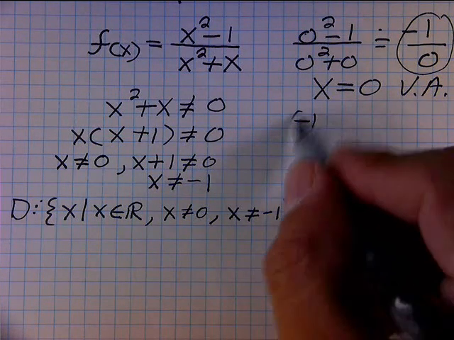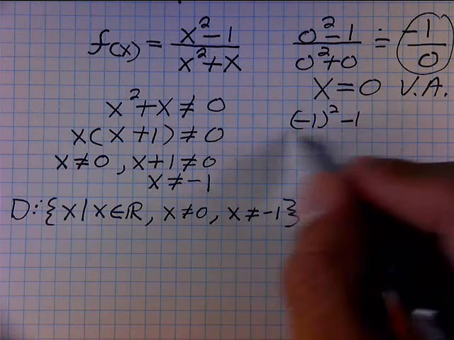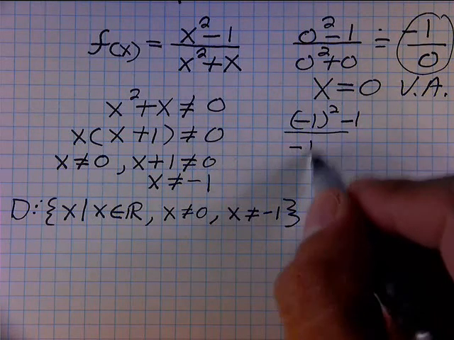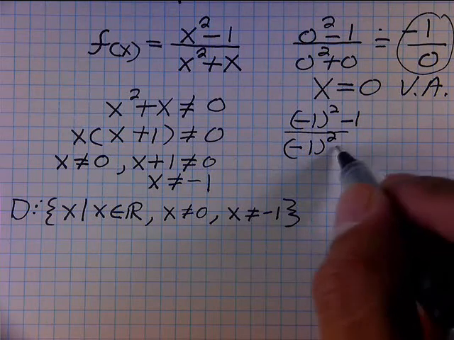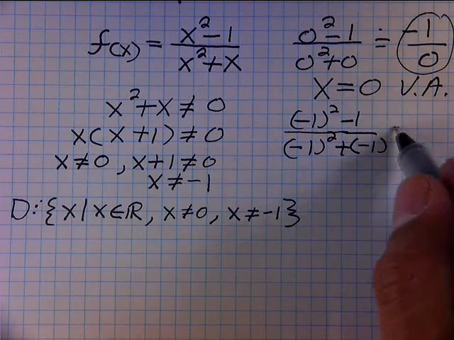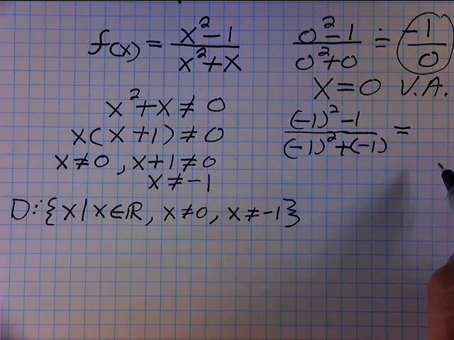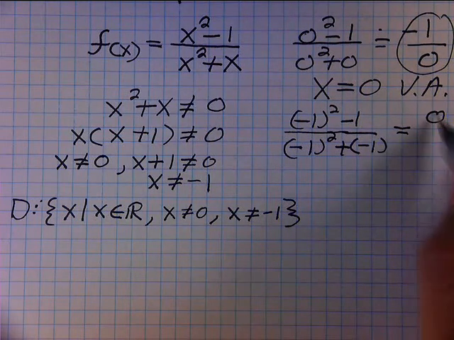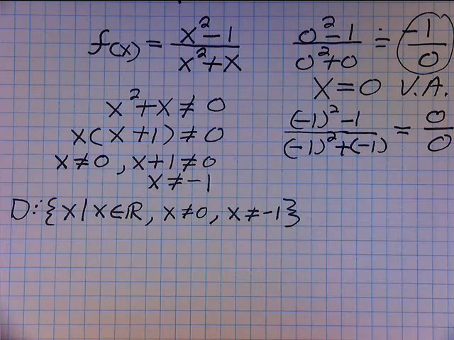However, when I plug in -1 into the numerator and denominator, I end up with something a little bit different. I actually end up with a 0 in the top and a 0 in the bottom.